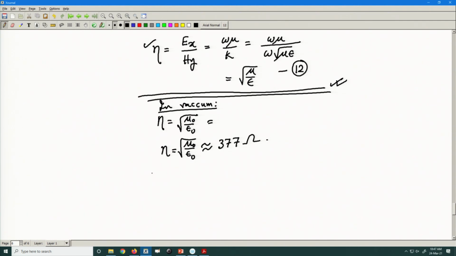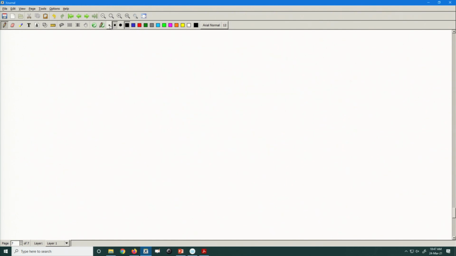So, now just to clarify the concept of a forward going wave. Let us suppose E x 1 is E naught e to the power minus j k z.